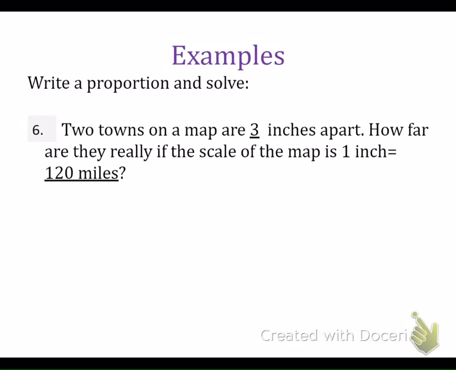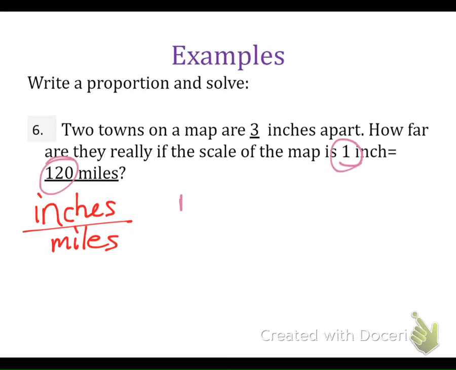Alright. 2 towns on a map are 3 inches apart. How far are they really if the scale of the map is 1 inch per 120 miles? So let's go inches over miles. So we know 1 inch is equivalent to 120 miles. So I'm going to go 1 over 120.